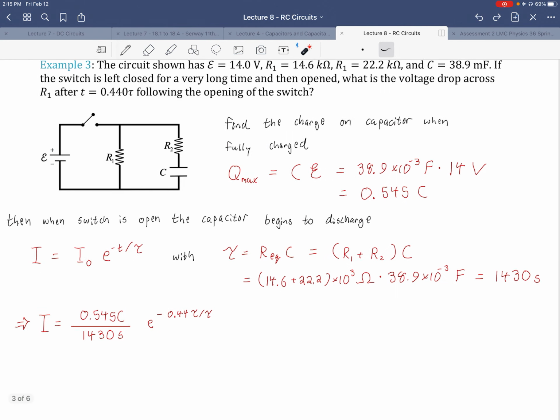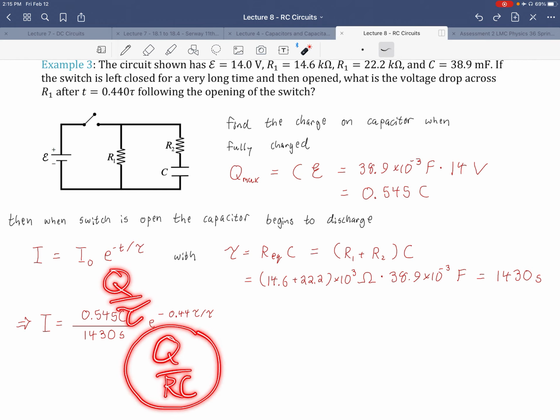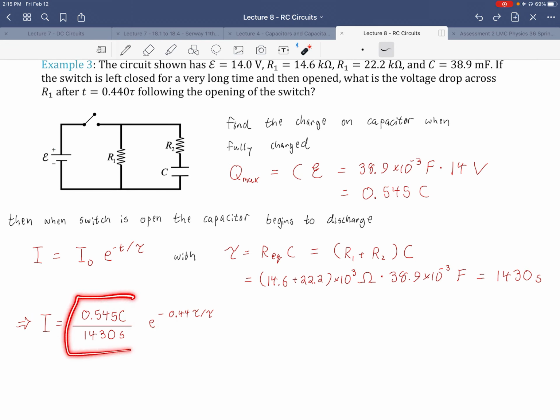So that means the current after this much time, let's see. For I naught, I'm going to use the expression of Q over tau, or just Q over RC, because that is equal to I naught. Again, refer to the first page. So that's what I have over here, and then just times the exponential decay term.